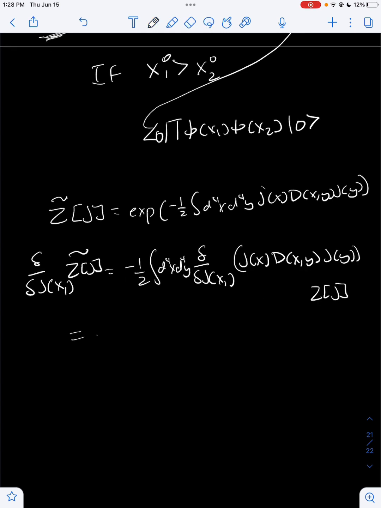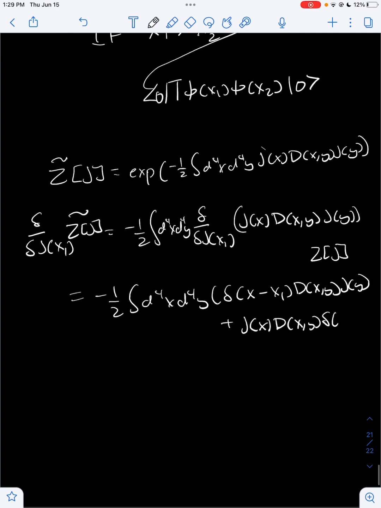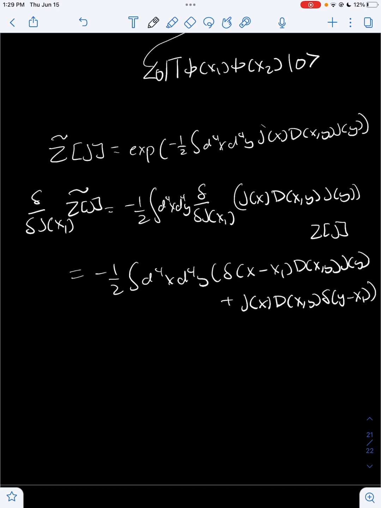So just using the product rule here, basically the derivative of j(x) with respect to j(x1), that's going to give us delta of x minus x1 times the integral of D(x,y) j(y) delta of y minus x1 for the same reasons as before, and then times Z of j.